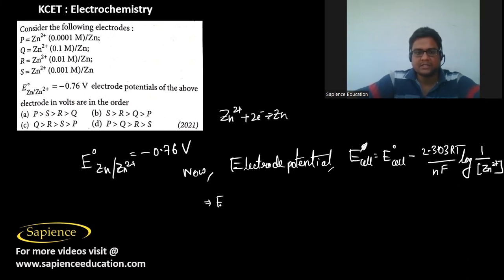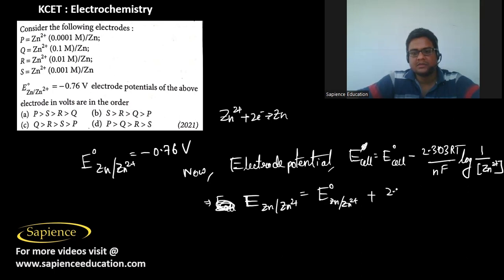Therefore, the electrode potential of Zn2+/Zn will be equal to E naught Zn2+/Zn plus 2.303 RT by nF log of the concentration of Zn2+.